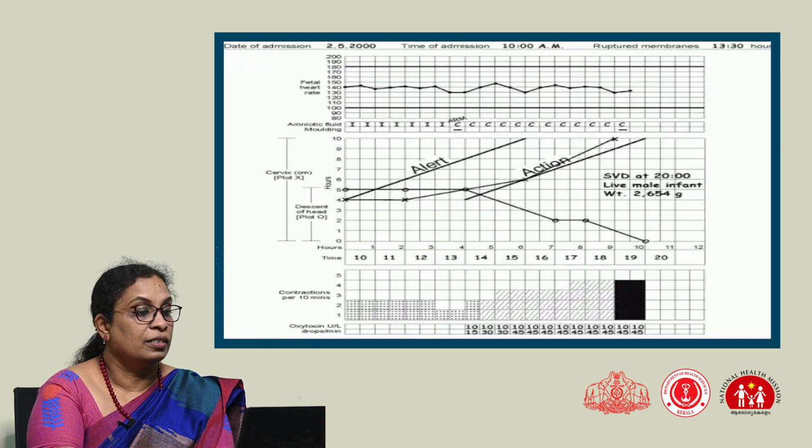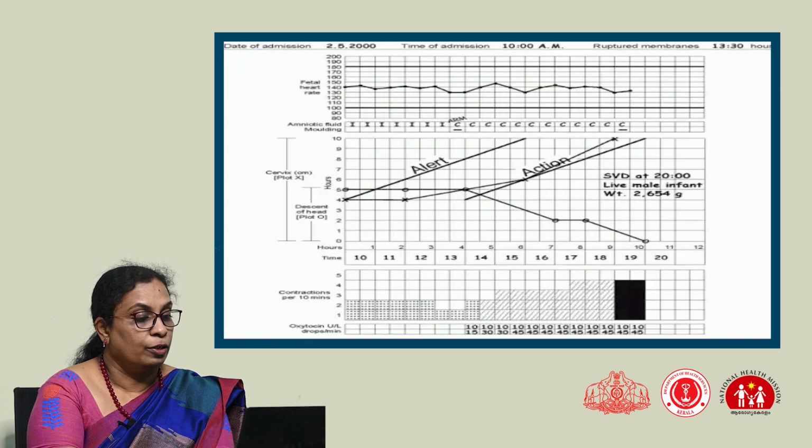See this chart. Here she got admitted at 10 a.m. At 10 a.m. the dilatation was 4 centimeters. Head was 5/5 palpable with intact membrane, fetal heart rate 140 with mild contraction, that is less than 20-second contraction. And the next plotting is done after 2 hours. Here same findings were there.